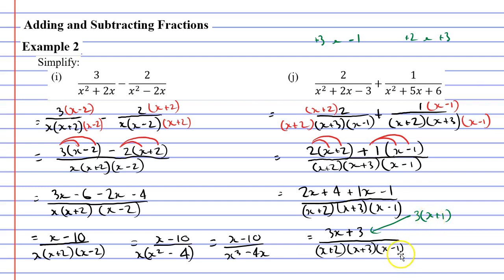The reason being, if this here was not x minus 1, let's say this was x plus 1, then factorizing would have helped me. I could have actually done some more cancelling here, but it's not going to help me at all. So I'm just going to leave it like this. It's perfectly fine to leave the denominator factorized like this. In fact, quite often it's encouraged. The reason we encourage it is in case you can do some more cancelling, which we can't in this case.